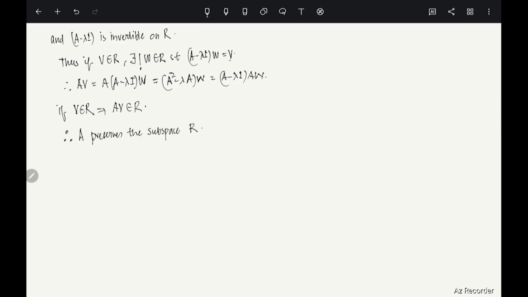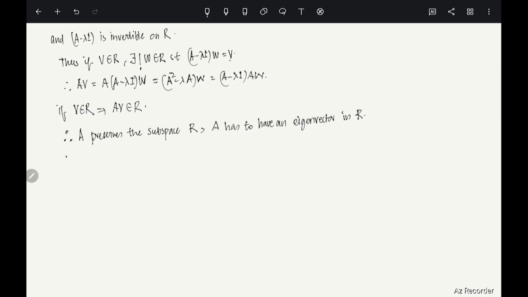Okay, right. Now, if A preserves subspace R, then definitely A has to have an eigenvector in R, right? So therefore that will imply that A has to have an eigenvector in R. Clear?